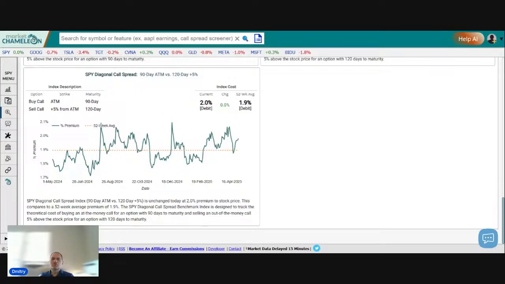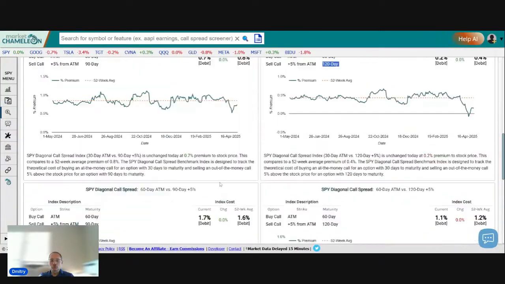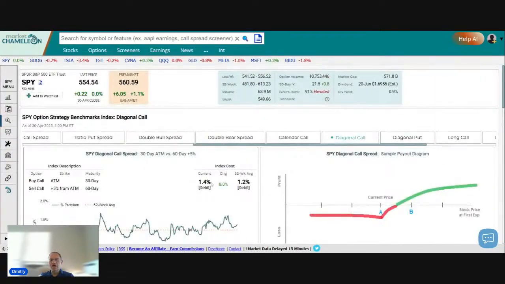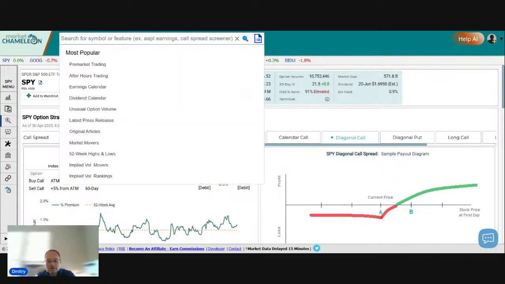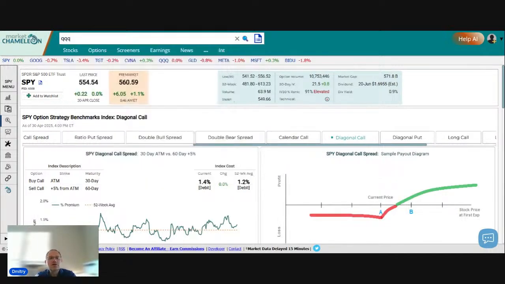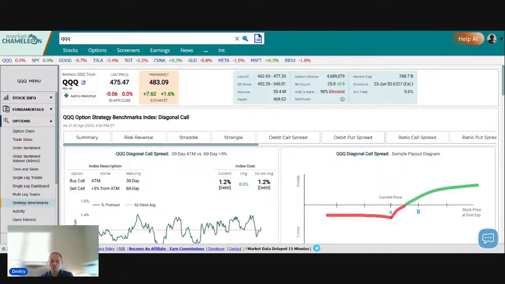If we wanted to now go to a different product and say, what would this similar strategy, buying an at the money call 30 days out versus selling a 5% out of the money call 60 days out, what would it cost? And it's something like QQQ, right? So we could go over here, type QQQ in, and now we could compare those two benchmarks.